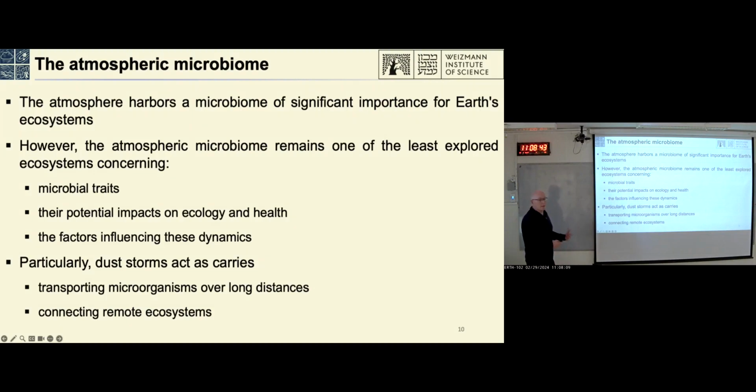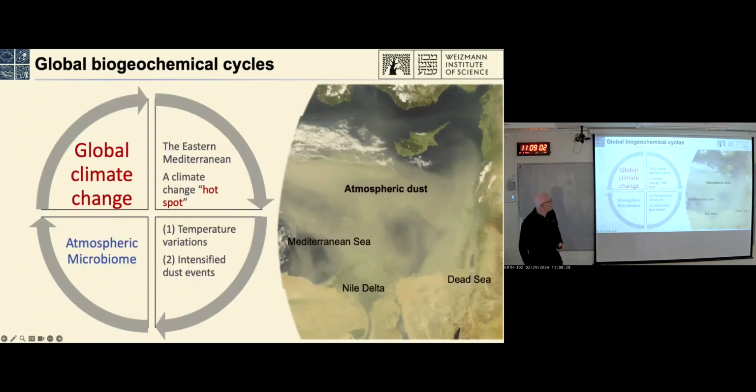Particularly dust, because it increases a lot the concentration, can act as a very important carrier for microorganisms over long distances, and it can connect remote ecosystems if these deposited bacteria, for instance, can participate in various processes. So it's actually a very interesting question because it is related to global climate change, which the Eastern Mediterranean is a hot spot for.